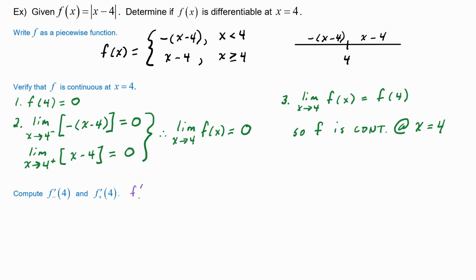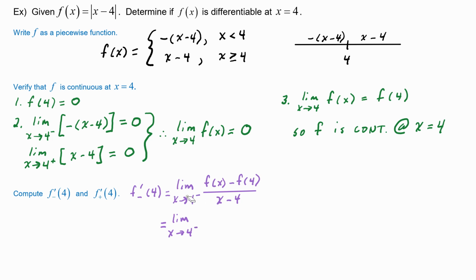F prime from the left at 4 will be the limit as x approaches 4 from the left of f of x minus f of 4 over x minus 4. And this will equal the limit as x approaches 4 from the left.